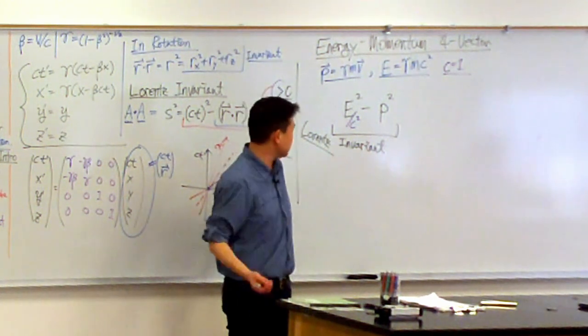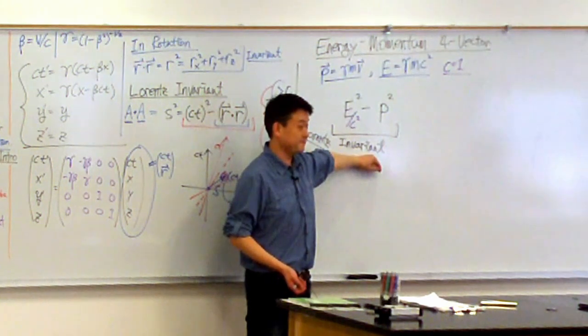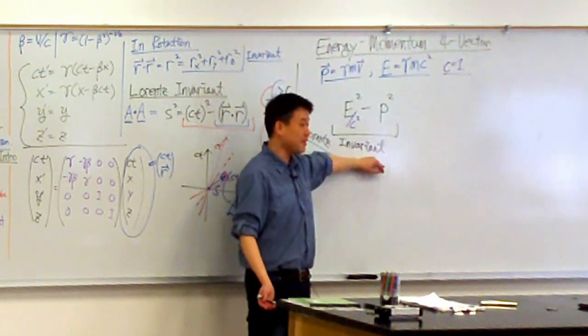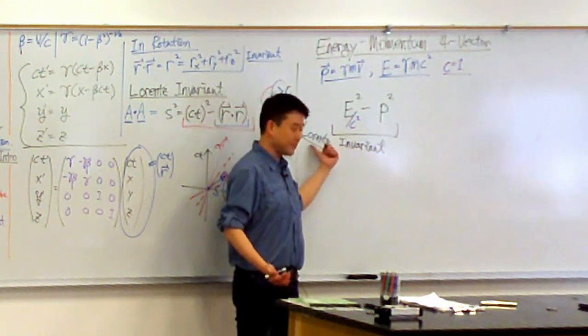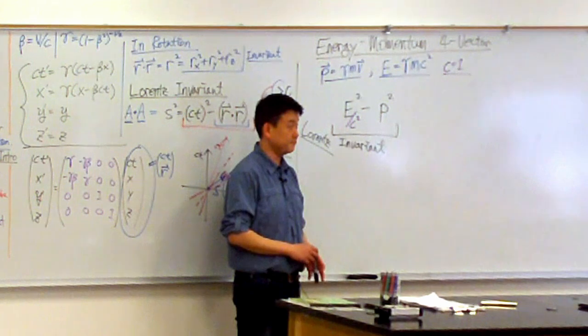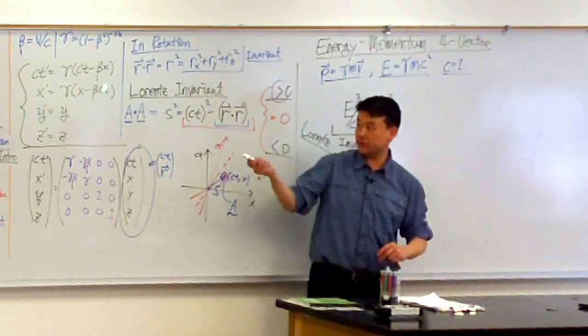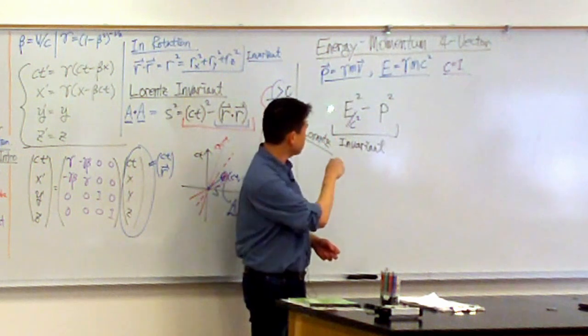I mean, just English-wise, what does invariant mean? Unchanging, right? Not changing. What do you think the adjective Lorentz is referring to? Yeah, under the Lorentz transformation. So under this transformation, I'm claiming this is invariant.